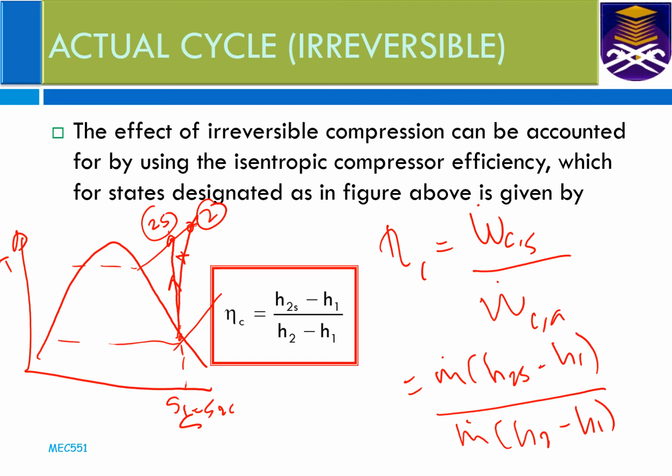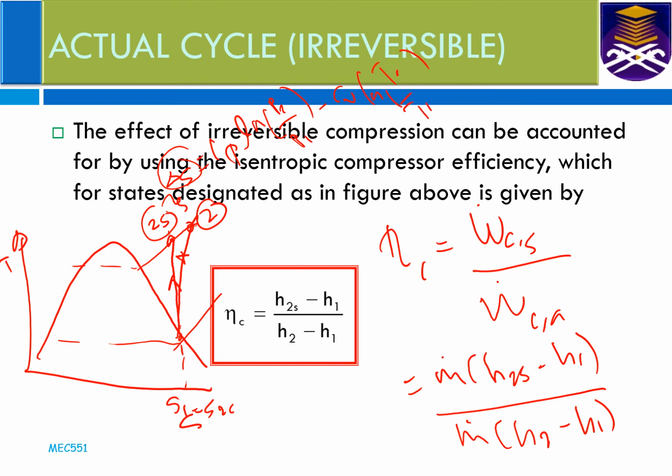So this is the amount of entropy generated, delta S. I believe that in your thermodynamics 1 you have seen the entropy generation, which is delta S equal to, what is it, Cp natural log P2 over P1 minus Cv natural log T2 over T1, something like that.